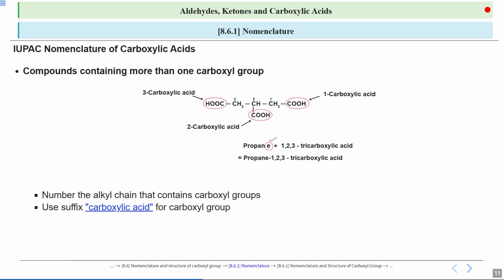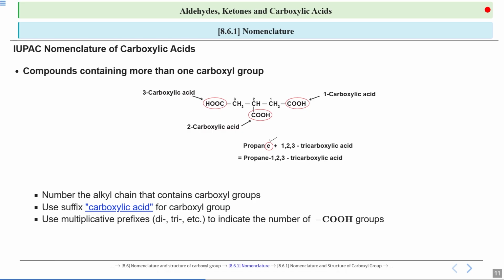Then you will use the suffix carboxylic acid to denote the presence of the carboxyl group in the compound. To indicate the number of carboxyl groups present, we use the multiplicative prefixes like di, tri, and so on.